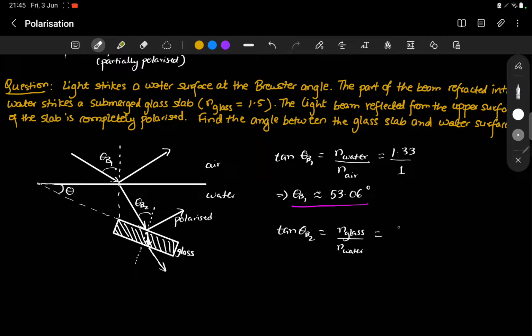So this is 1.5 over 1.33. This is roughly 1.13. So this gives us theta B2 is approximately 48.44 degrees.